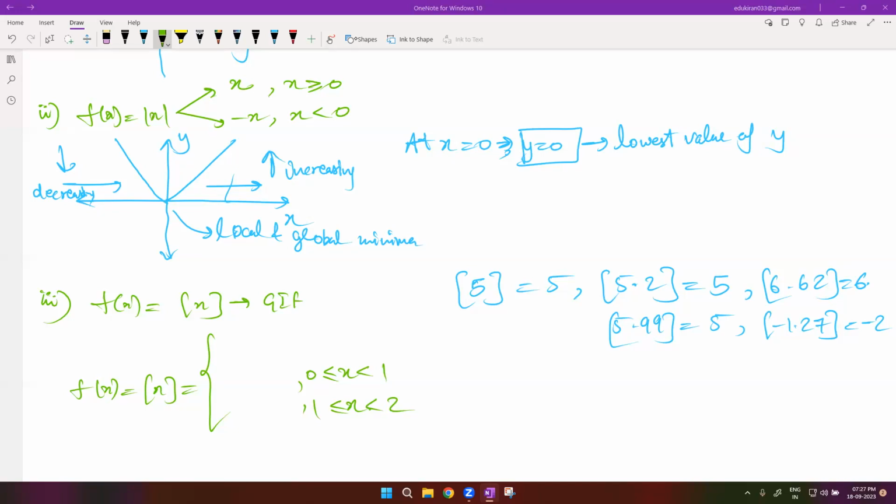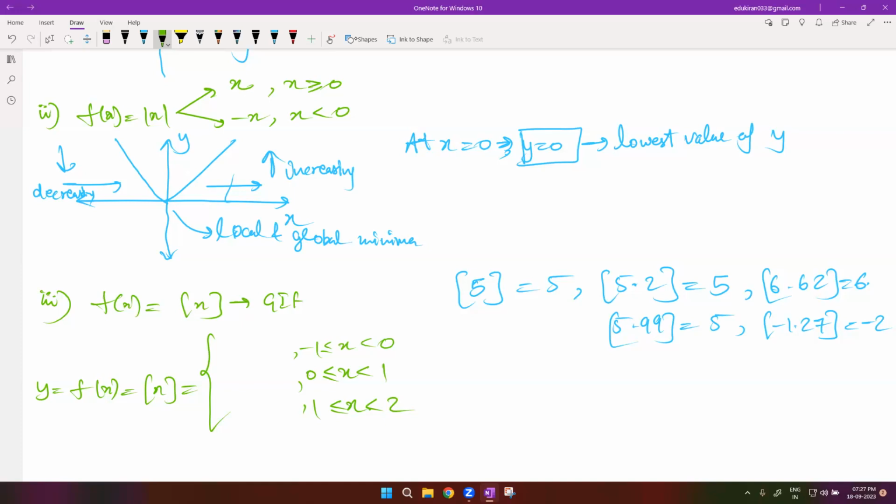So f(x) equals the greatest integer function of x is basically defined on multiple values of x. We have to break x at every point at which the graph is discontinuous, and the graph is discontinuous at every integral point. Why is that happening? Let's observe the values of the greatest integer function of x when x is between 0 and 1. When x is 0, f(x) is also 0. When x is 0.1, the value of y is also 0.1.